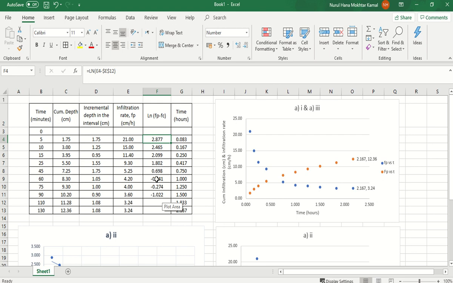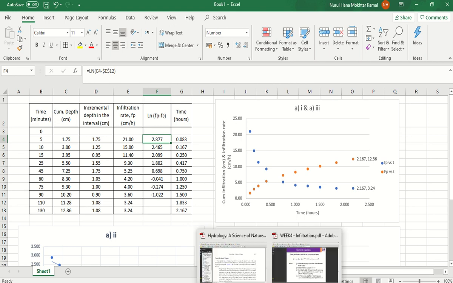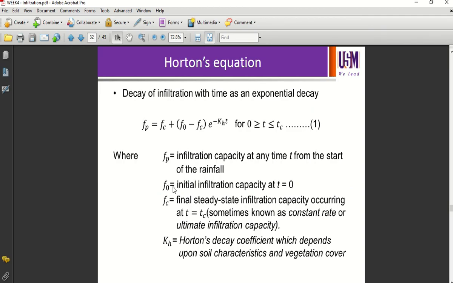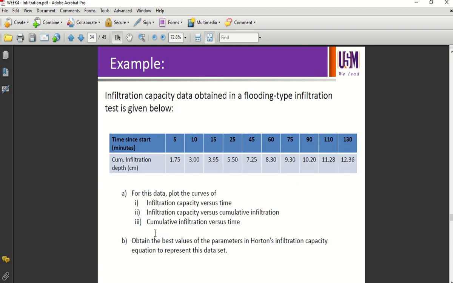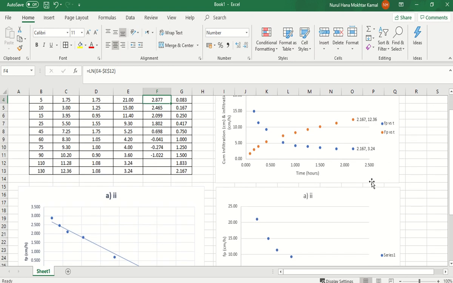Okay, so now moving on to our question just now. For this exercise you should plot all these three things: infiltration capacity versus time, and cumulative infiltration versus time. So what I've done here is plotting all this.